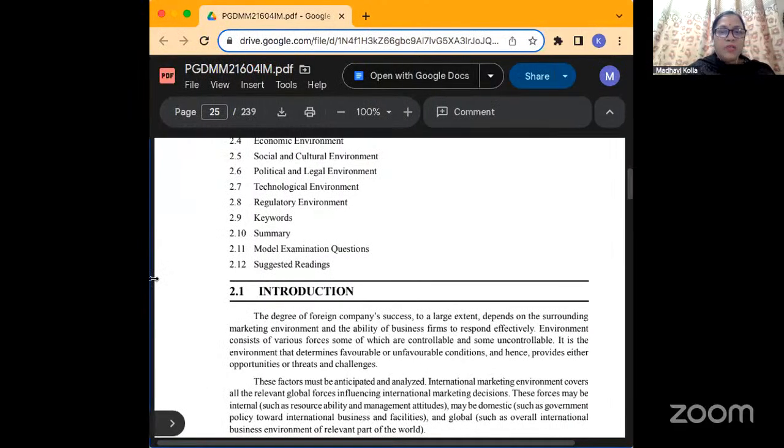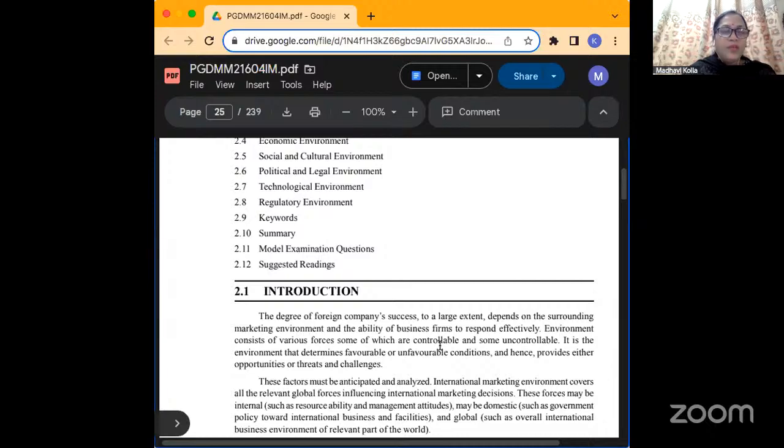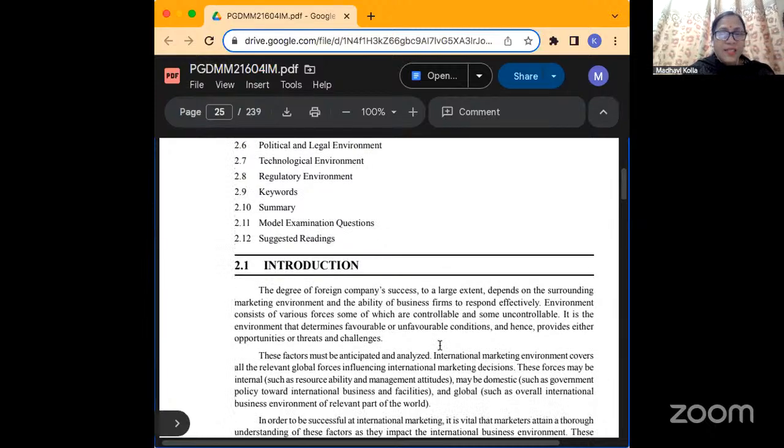So, in terms of introduction, what we need to first understand is the degree of foreign companies' access and success.